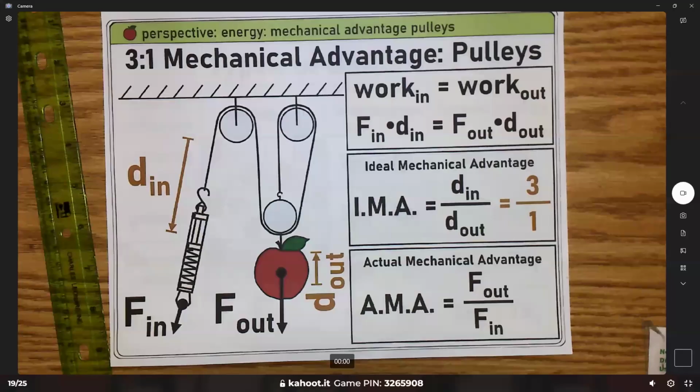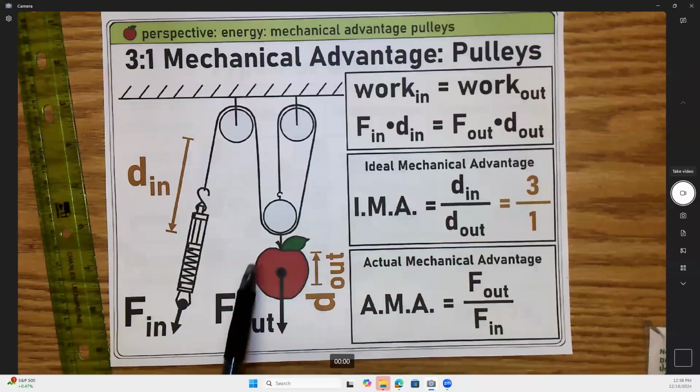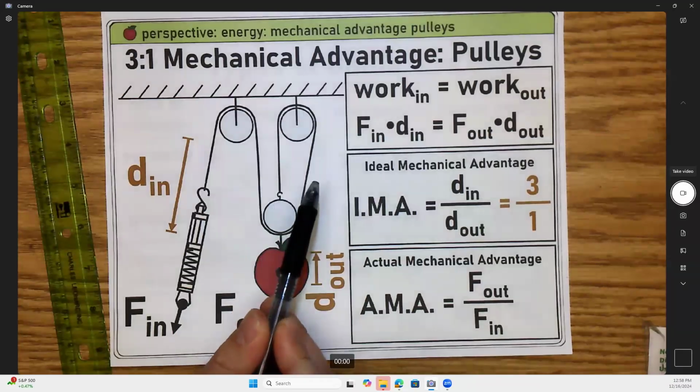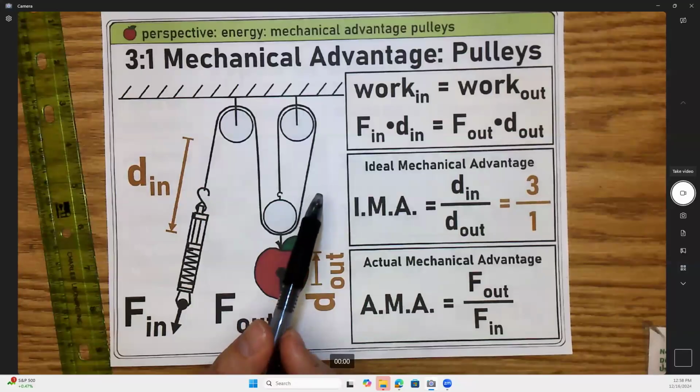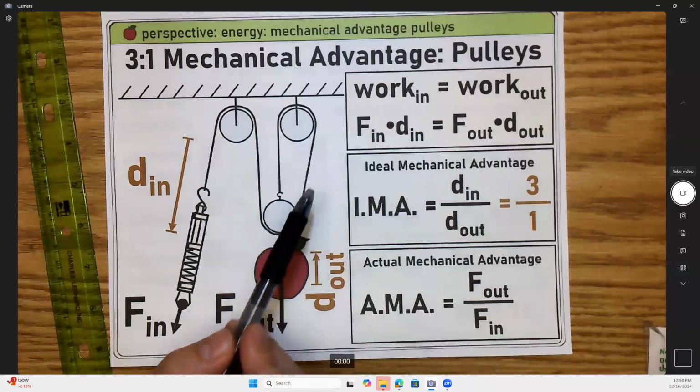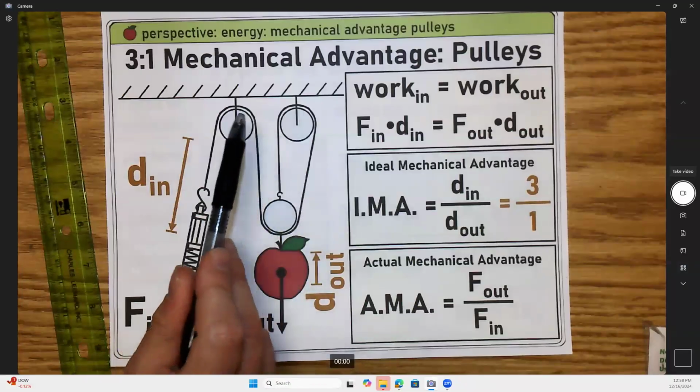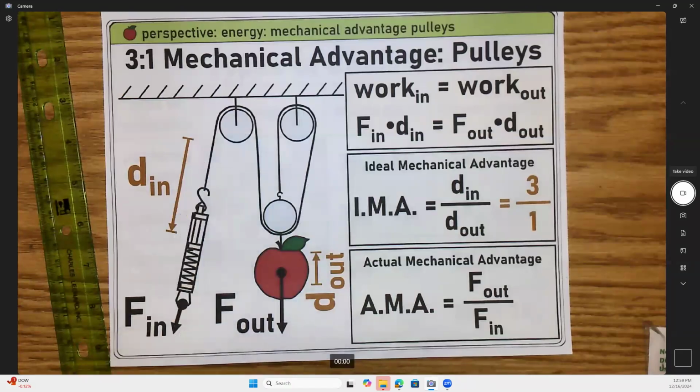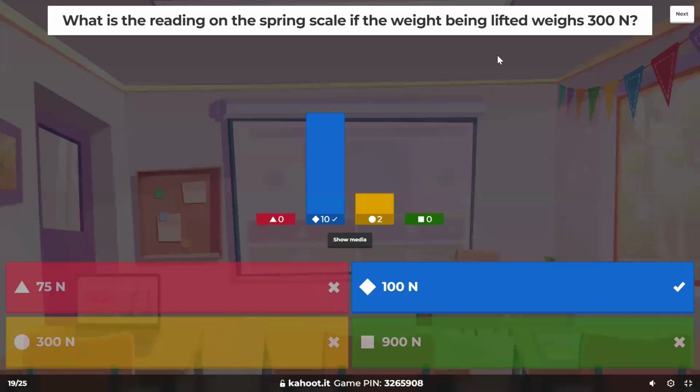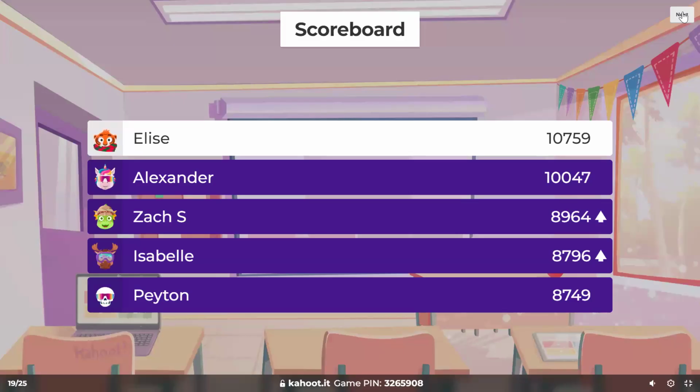Nice. So this weight right here weighs 300 newtons. Let's see, 1, 2, 3 strands. So the weight got split 3 different ways. So the tension is now 100 newtons. And that's the force you have to pull with on the side of the spring scale to lift it. So now you're effectively 3 times as strong, because of that simple machine.